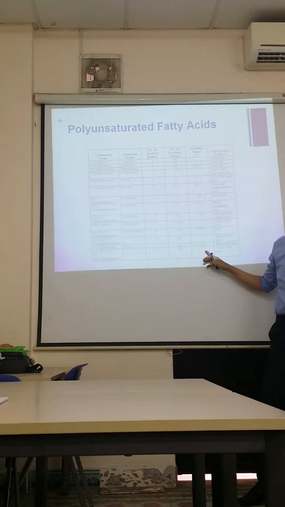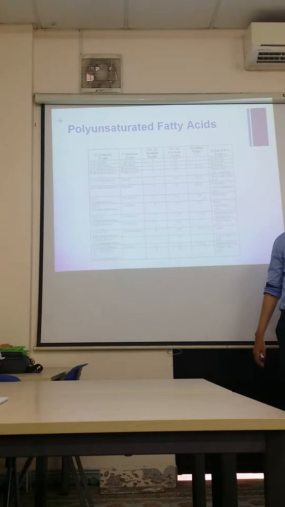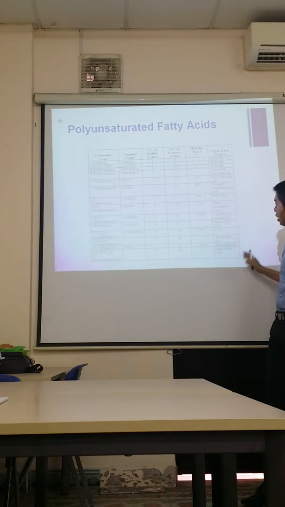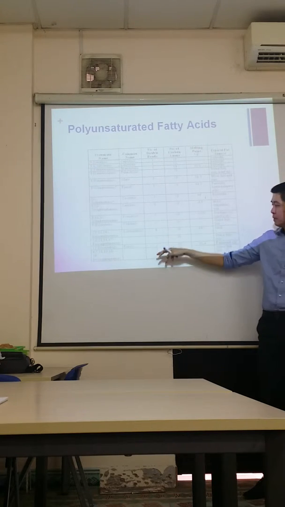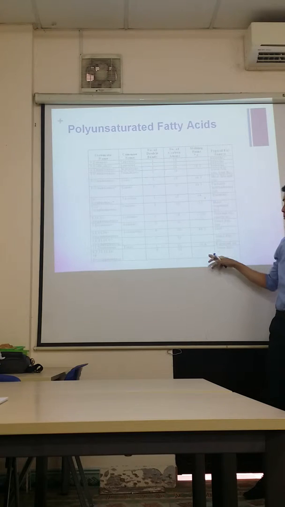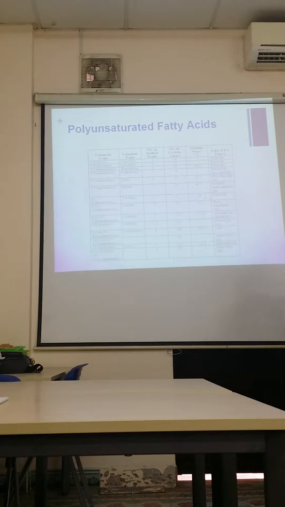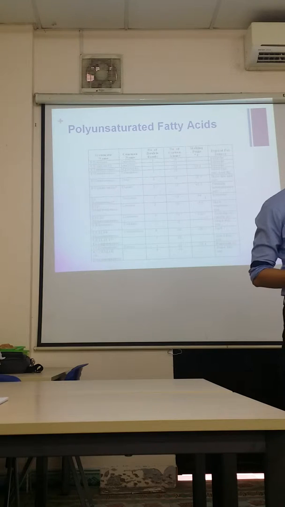This one perhaps minus 100, minus 200 is the melting point. So these, with five double bonds and six double bonds, are normally present in fish oil. The melting temperature is very low, especially for deep sea fish, okay, deep sea.